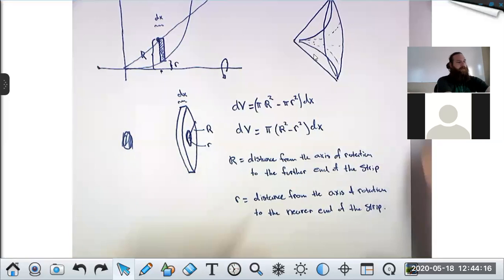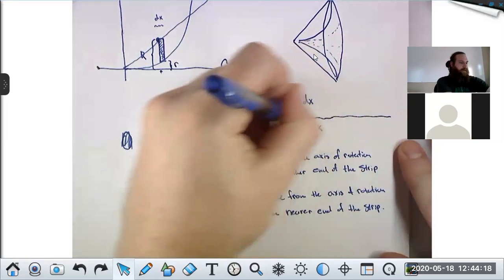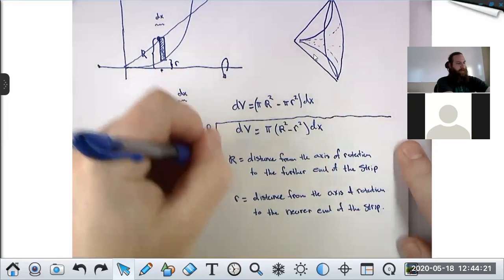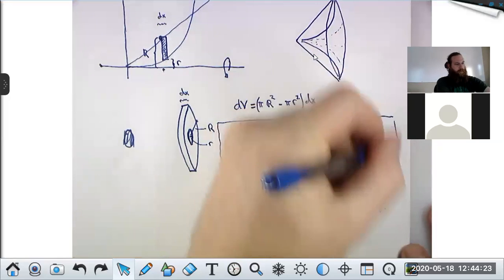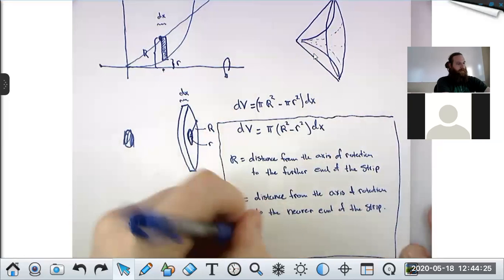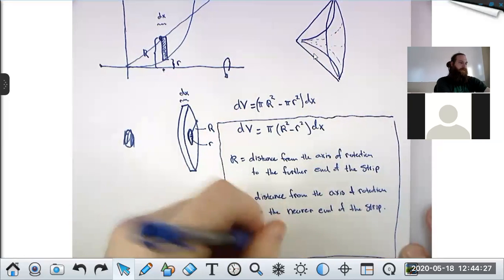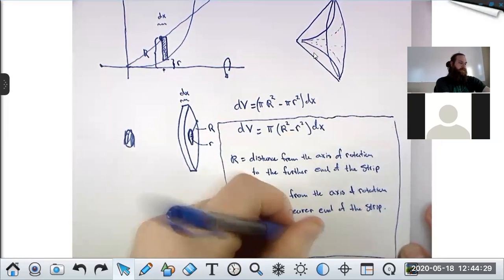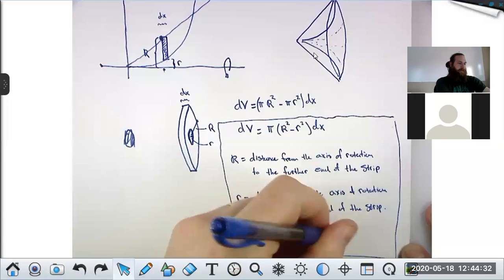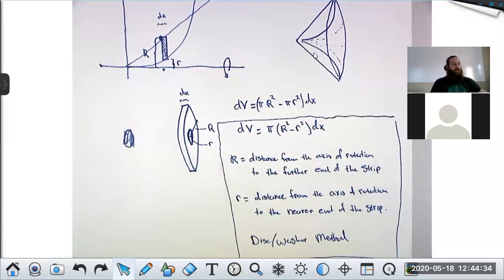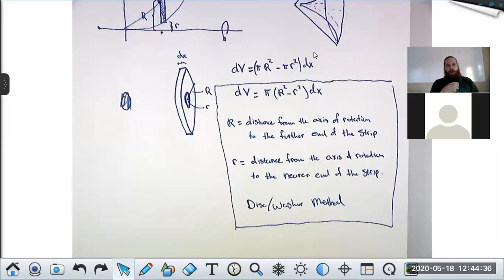So this is what's called the disk washer method. Each method has a formula for dV, and then tells you how to get the little bits in the formula. This is the most general way to describe this method that will never fail.